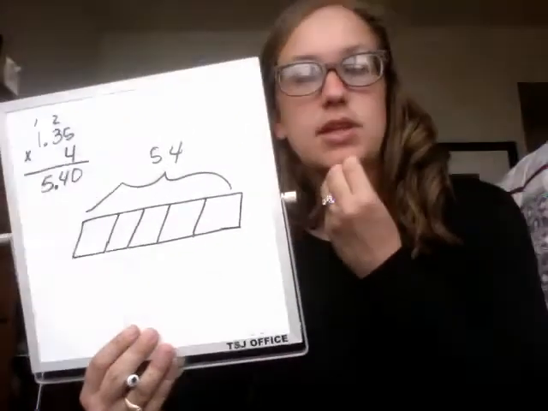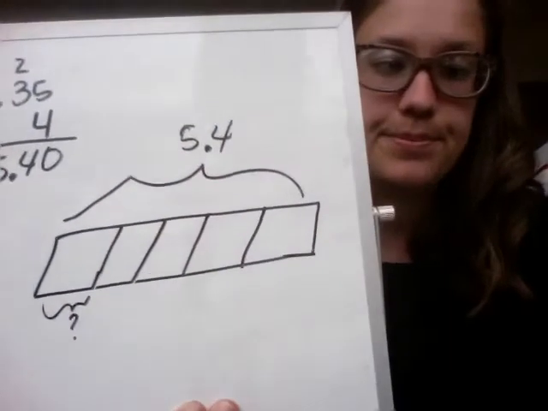So now I'm going to draw a diagram. And she baked 5 cakes. 1, 2, 3, 4, 5. Using 5.4 kilograms. So I need to divide to figure out how much she used in 1 cake.